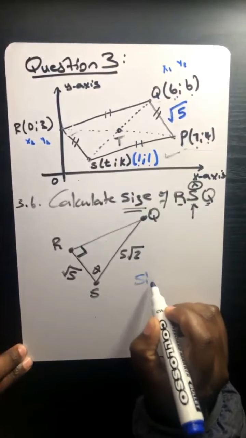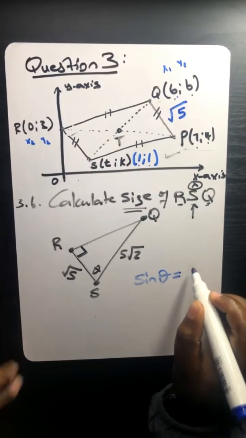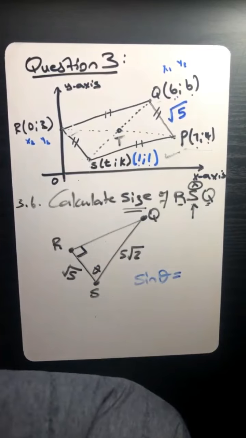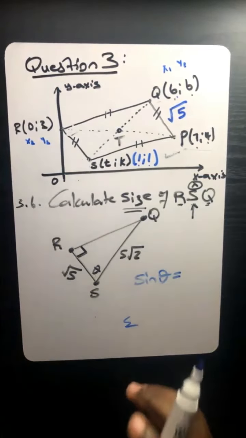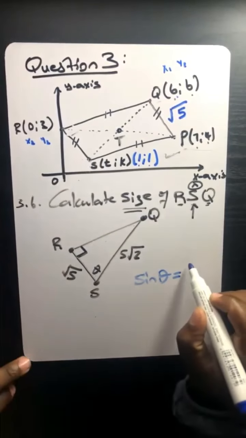So that means you are saying sine of, let's use angle theta. What am I having there, Shreyas? So you're having root 5 over 5 root 2.